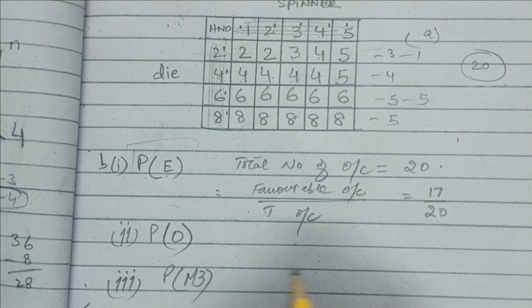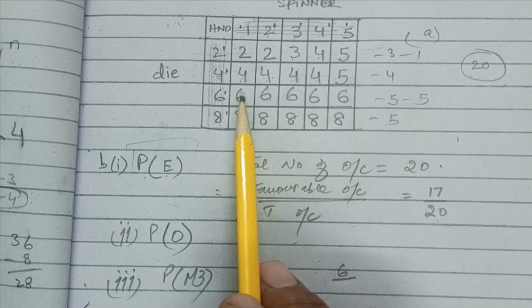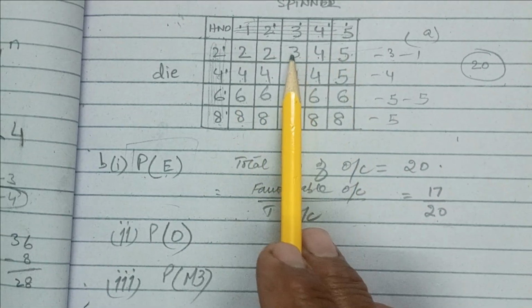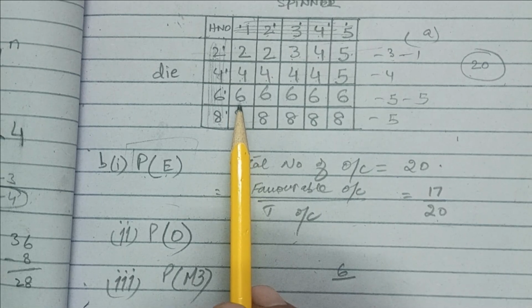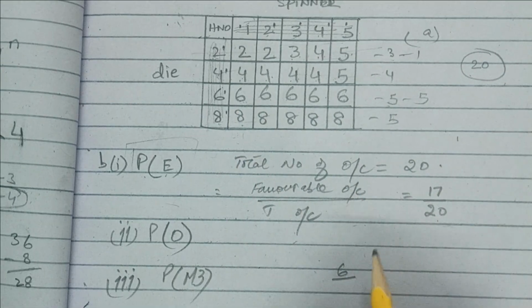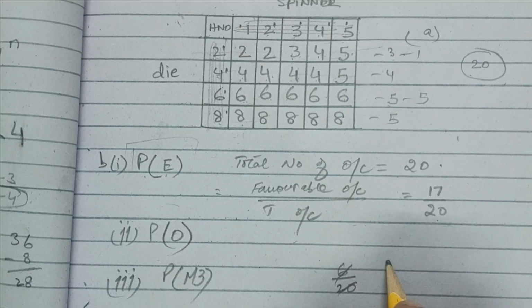Now there are a total of 6 multiples of 3, 3 itself and 5 are here. Okay, there are a total of 6 divided by 20. It will become 3 upon 10.